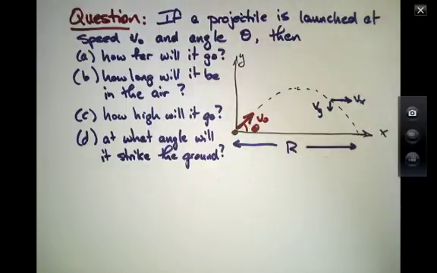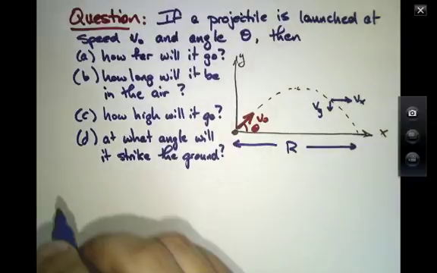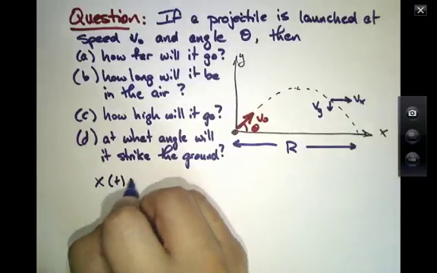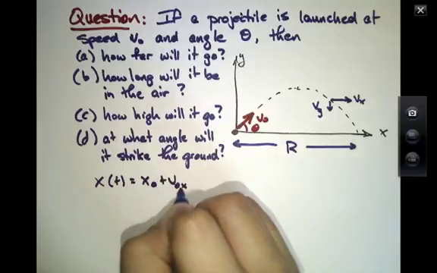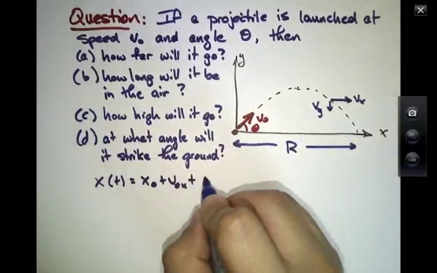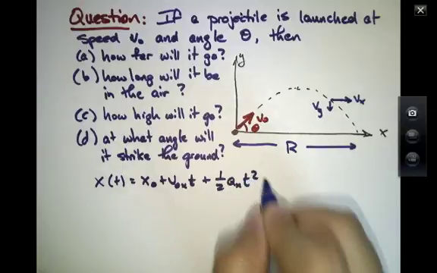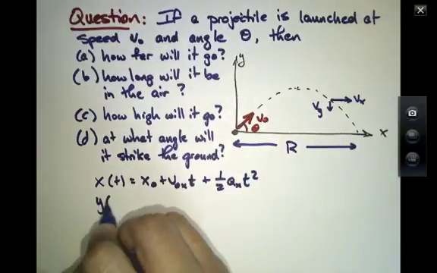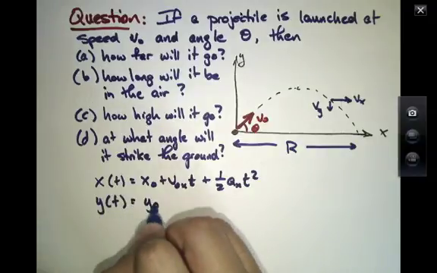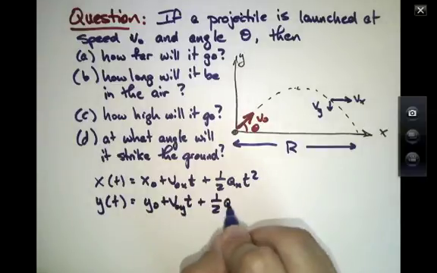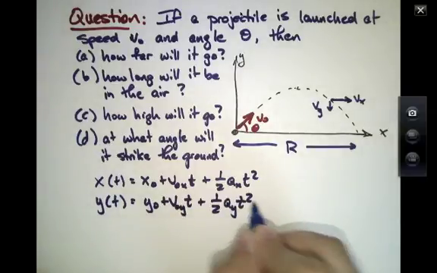Before we get started on any of these questions, it's important to remember that the equations of motion for this ball are the same in the x and the y direction. In other words, x of t is just x naught plus v naught x t plus 1/2 ax t squared, and y of t is y naught plus v naught y t plus 1/2 ay t squared.